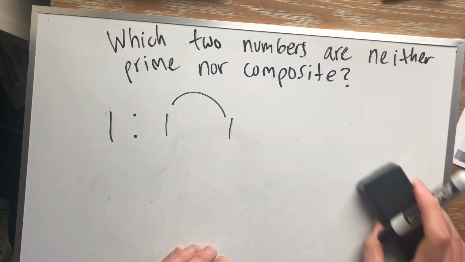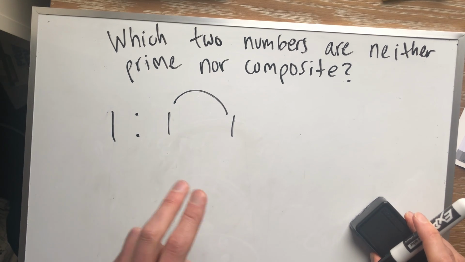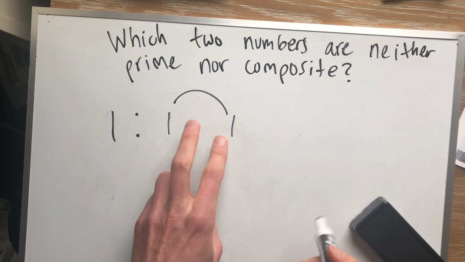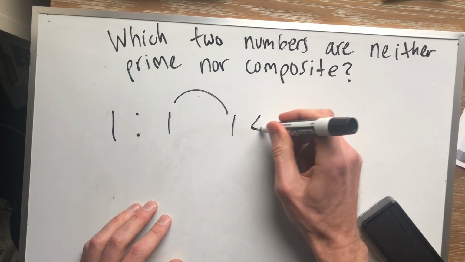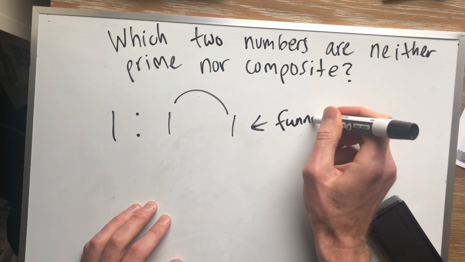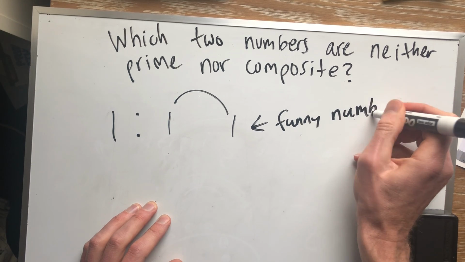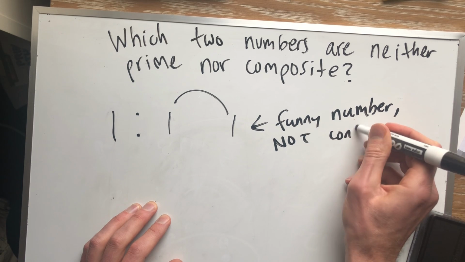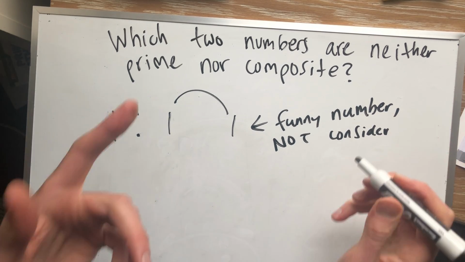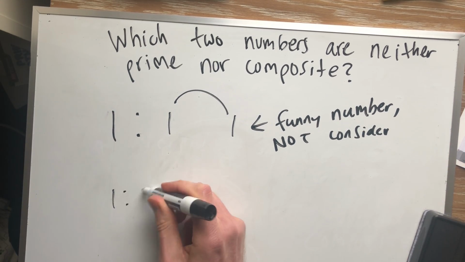A prime number has 2 factors, 1 and the number itself. But in this case, the number itself is 1. So 1's this kind of funny number. And it's not considered prime, because it doesn't have 2 factors, like 7 would be 1 and 7.